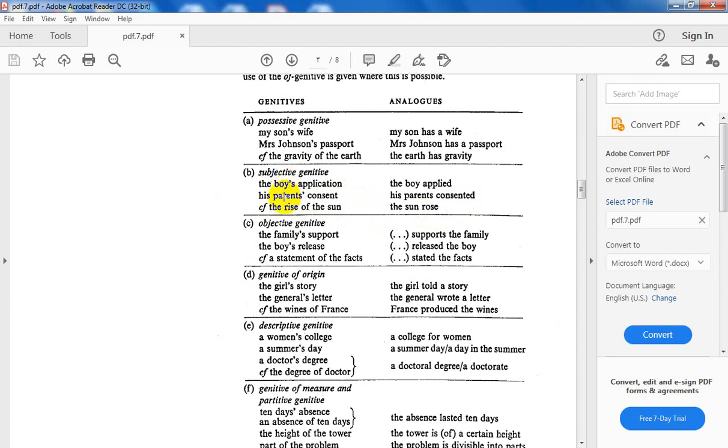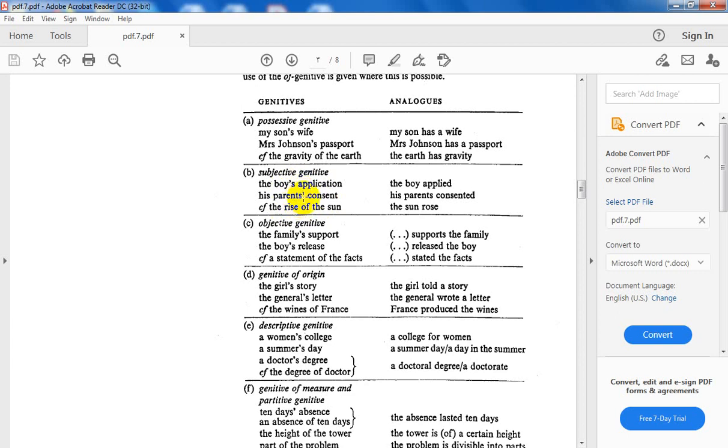Here the boy is animate, personal, human. Application is non-human, non-personal. You see, S genitive. Parents, it is a human. Consent, non-human. But again, I have the S. And by the way, parents is a plural.